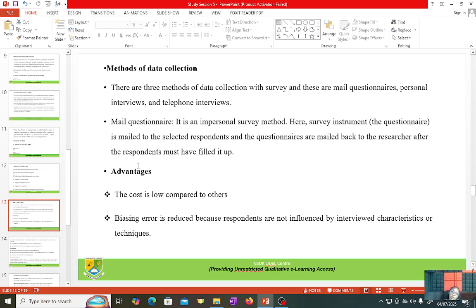That's through email. The advantages: the cost is low compared to others. Bias error is reduced because respondents are not influenced by the interviewer's characteristics or techniques.